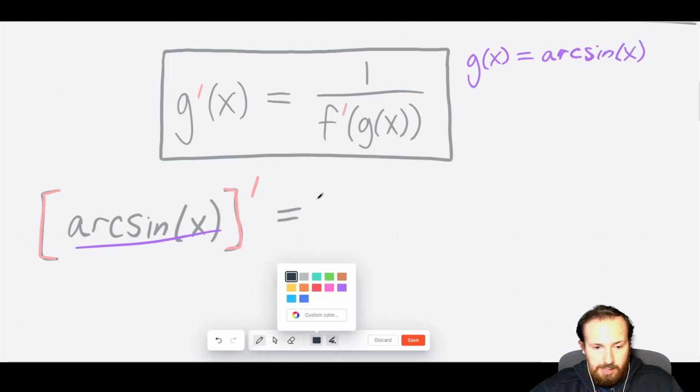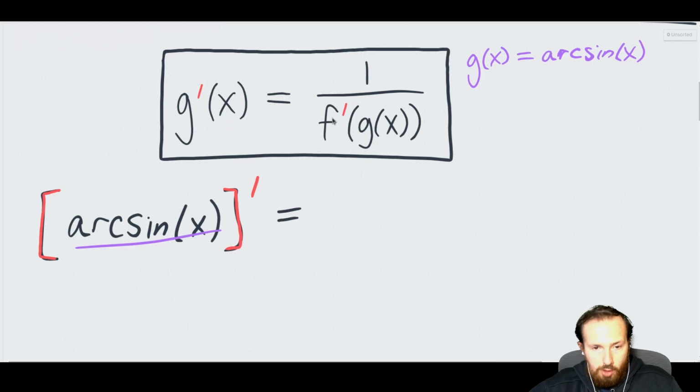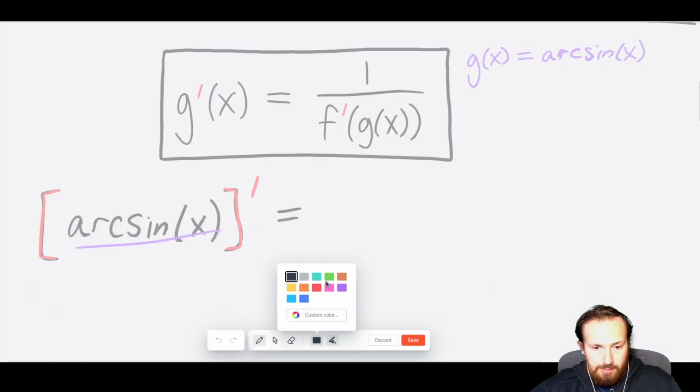And then apparently this should equal 1 over f prime of g. Remember, f has to be then the inverse of g. That's the requirement for this equation to be true. So hopefully it's clear that f of x would just equal the inverse of inverse sine, which is just sine.